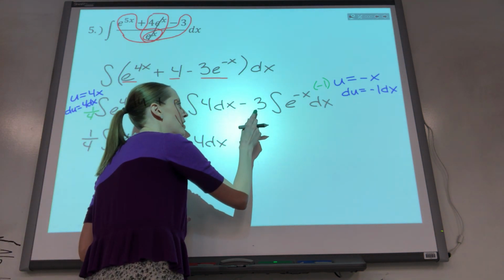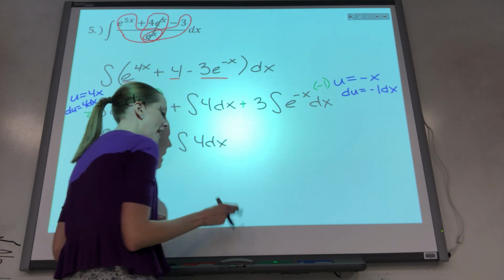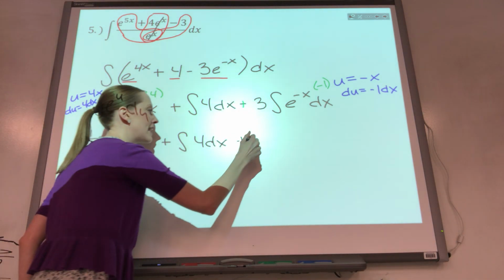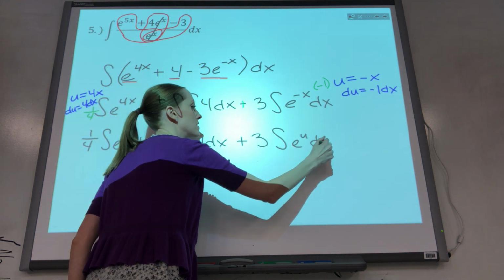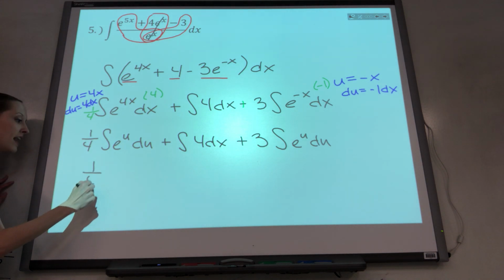So if you wanted to put a negative 1 right here, you could. Or if you just want to change that to a plus sign, that's pretty much what's going to happen. So I'm adding 3 times the integral of e to the u du. I'm writing out each little step here so we can see what's going on.